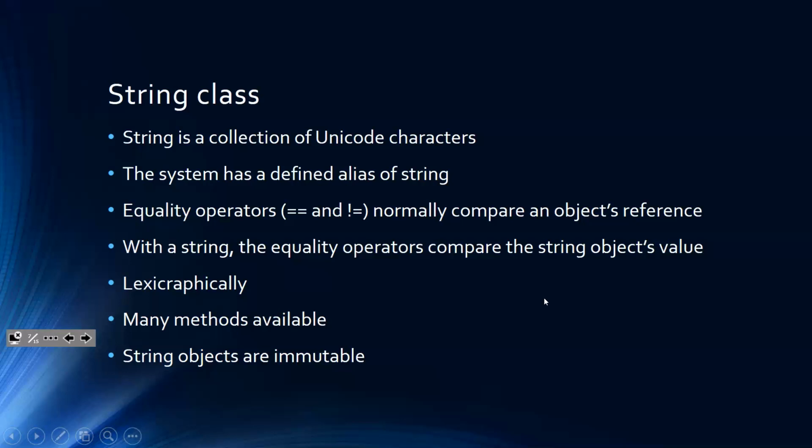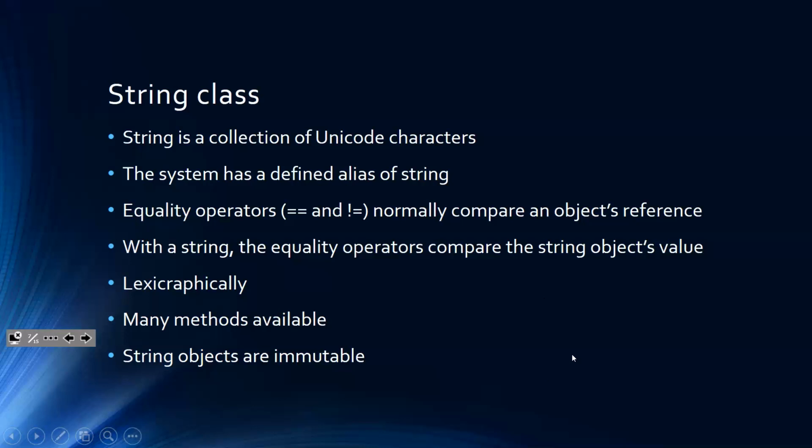Whenever we're doing an equality comparison, normally, if we were comparing two integers, we would be comparing the reference location, the location in memory of those two integers. Are they at the same memory location? They must be the same, right? Because they're at the same reference location.